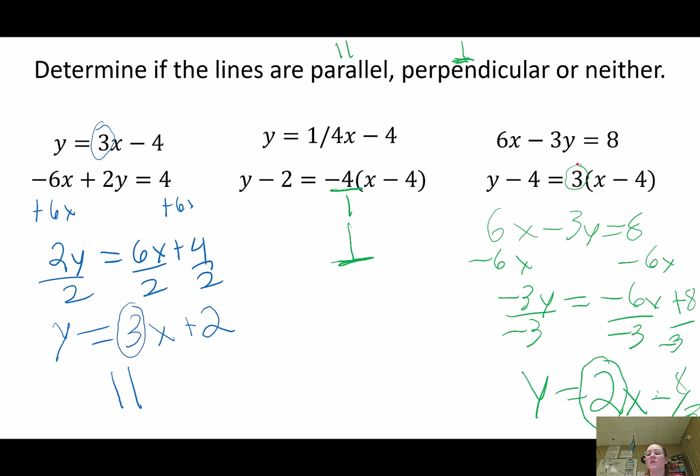So are my slopes the same? No. So these are neither. These are neither parallel nor perpendicular. They're what we call intersecting lines. So same slope, parallel; opposite reciprocals, perpendicular.